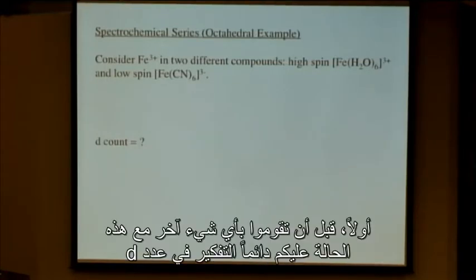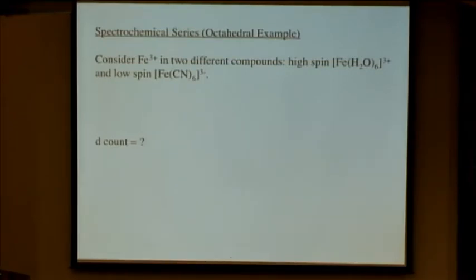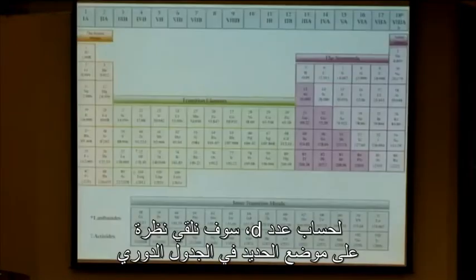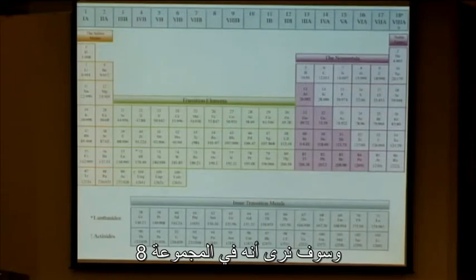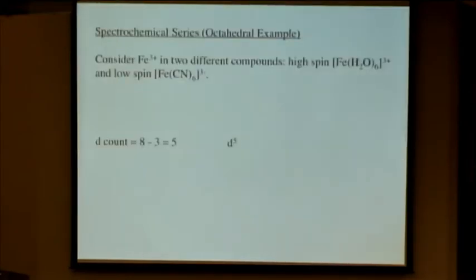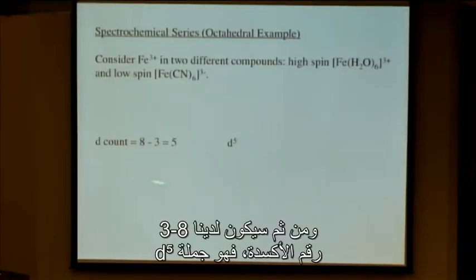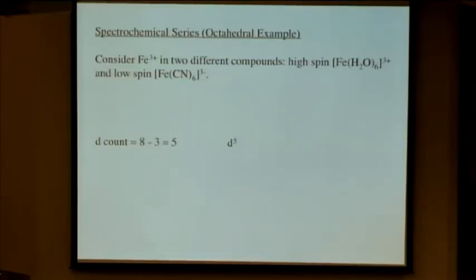So first, before you do anything else, you always have to think about what the d count is. To do the d count, we look at where iron is in the periodic table. It's in group 8, and then we have 8 minus 3, the oxidation number. It's a d5 system.